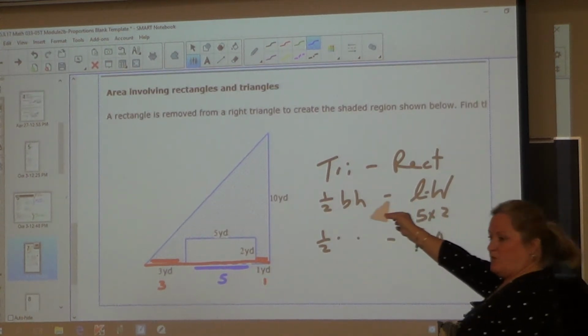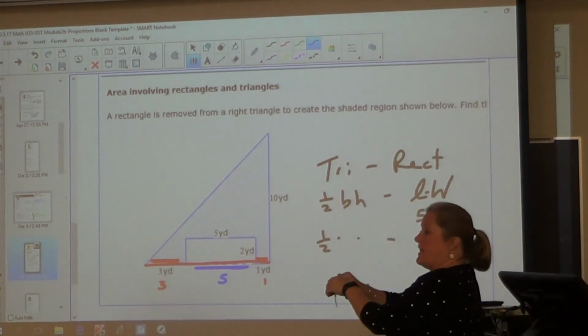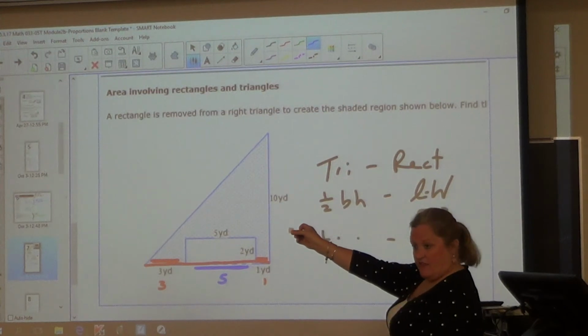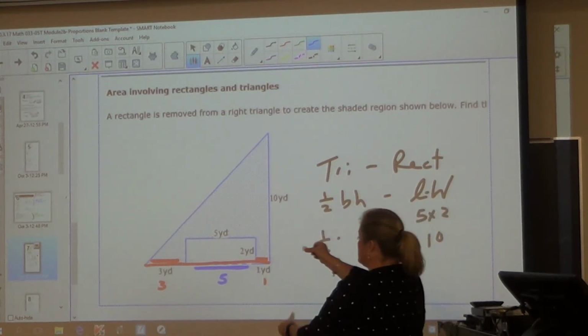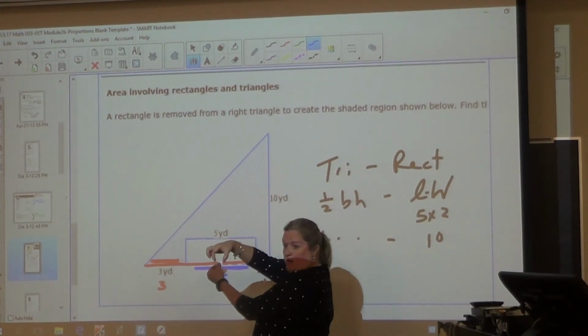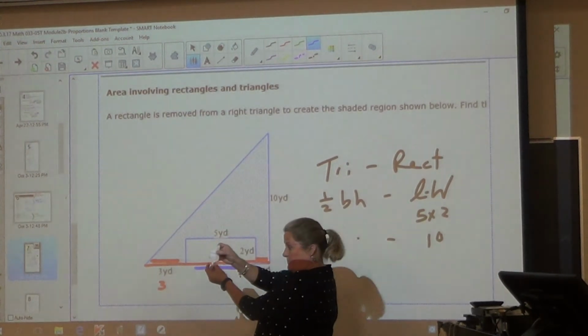Okay, there's that original triangle. And here's the rectangle that I took out. Now, you told me that this rectangle was 2 tall and 5 wide, correct?